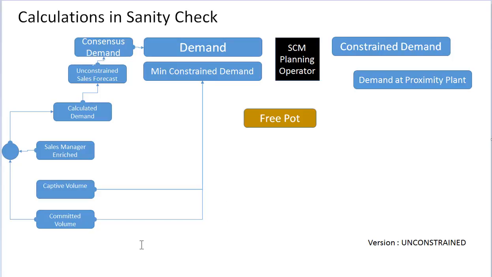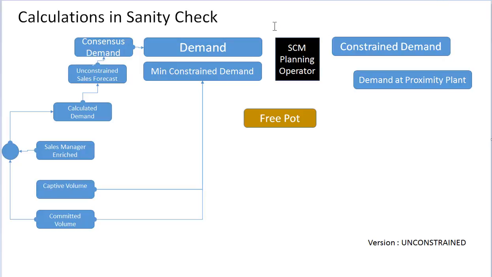Previously, we have discussed in detail how the committed volume, captive volume, and the enriched value from the sales force are used to input the consensus demand that eventually is going to be fed into the supply chain operator.